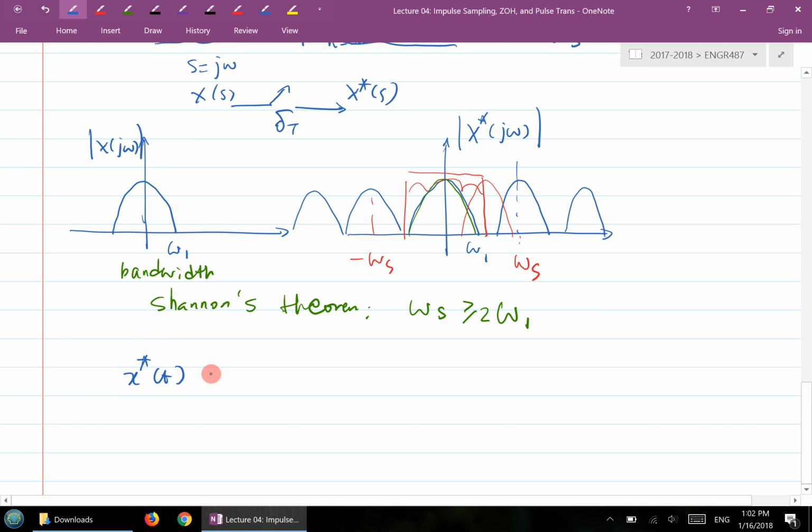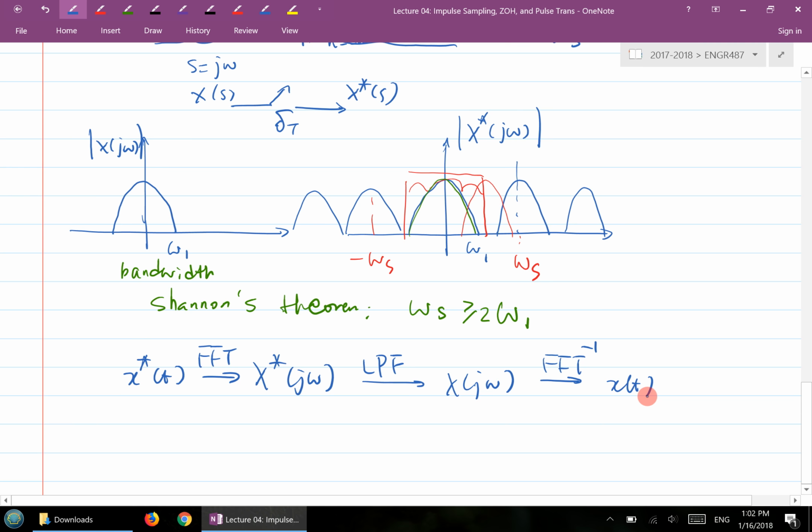There is a sequence of operations you can basically do. Okay, for example, you can apply a fast Fourier transform to obtain this x star of j omega, and then if you apply a low pass filter, depending on the sampling time, you could get your x of j omega, and then if you do an inverse fast Fourier transform, you can literally get back to this x of t.